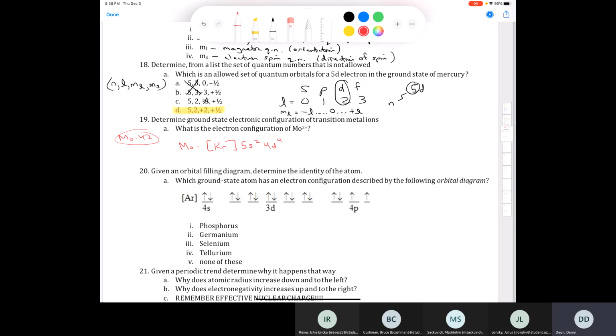Anyhow, remember that molybdenum falls under chromium. So we know that this is actually not the correct electron configuration, right? We borrow one from here and put it in there. So the correct electron configuration is 5s1, 4d5. Remember the rule for chromium and molybdenum, and then we looked at copper, silver, and gold, and the rule there. Then if we want to find the electron configuration for molybdenum 2+, we're going to have to remove 2 electrons.